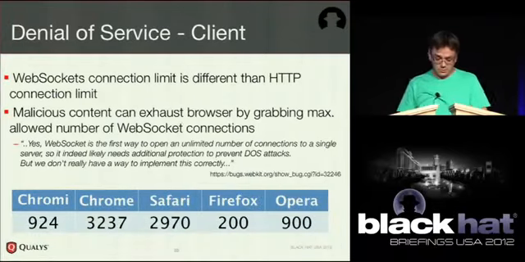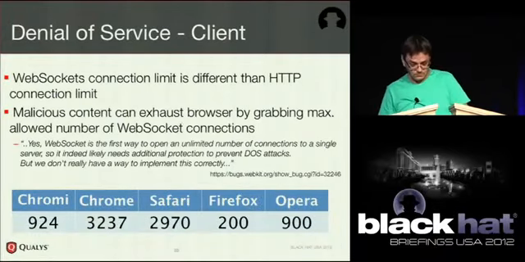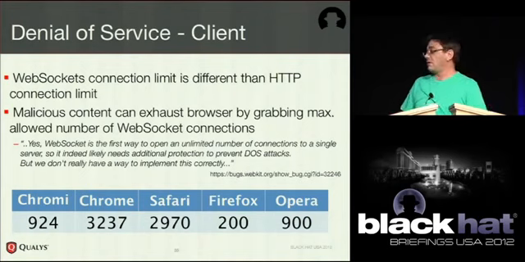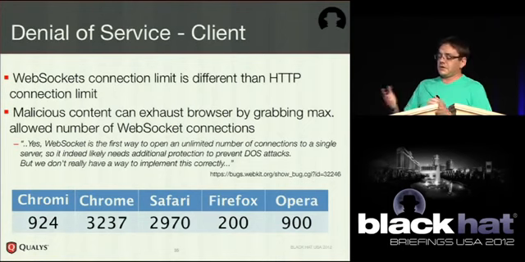Denial of service could be a potential issue. Denial of service attacks could be easily achievable with WebSockets, way easier than with HTTP, because browsers treat WebSocket connection limits differently from HTTP, and they are not limiting them by domain.